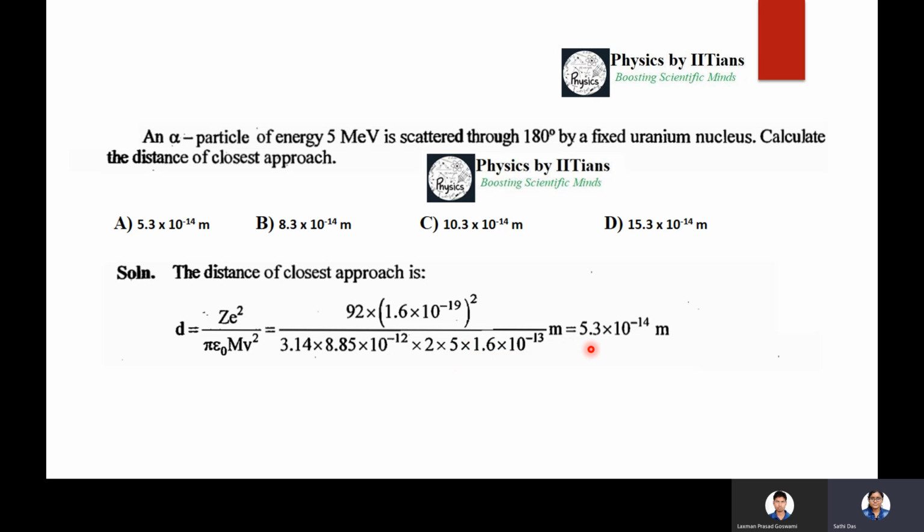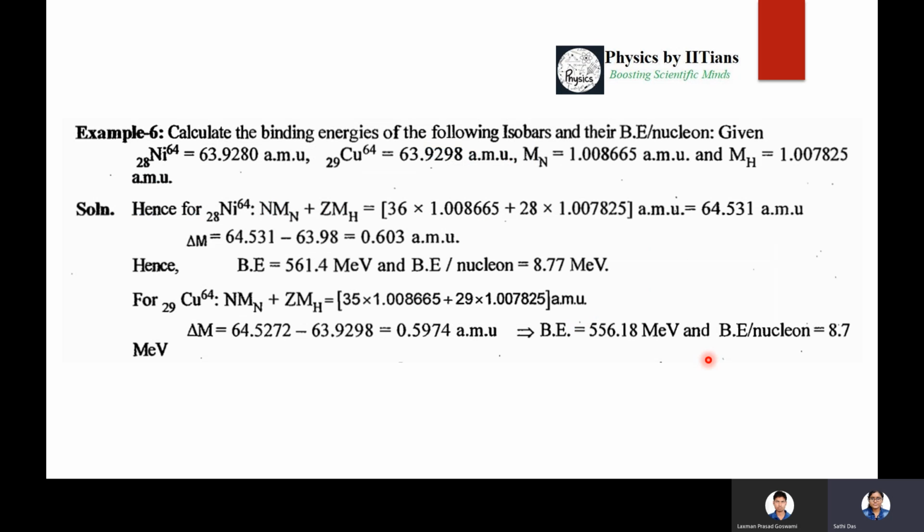So joule. So this is divided by 1.6 into 10 to the power minus 19 coulomb. Since it is in MeV, 10 to the power 6 will be here, 5 into 10 to the power 6. So it will give us 1.6 into 10 to the power minus 13. So after calculating, you will get 5.3 into 10 to the power minus 14 meter.